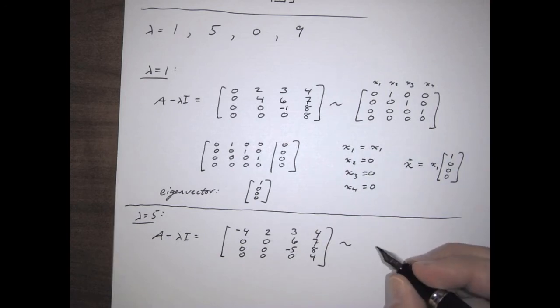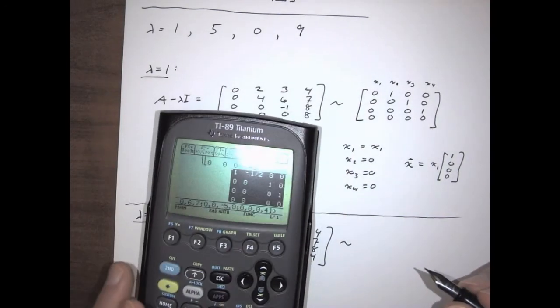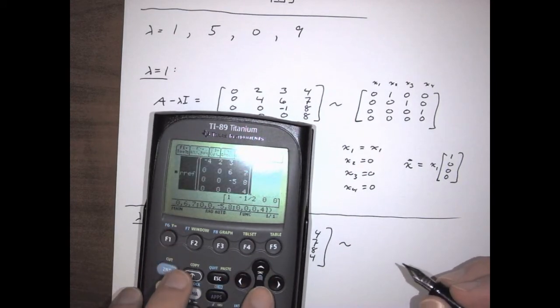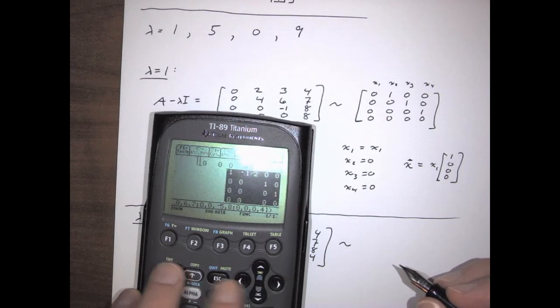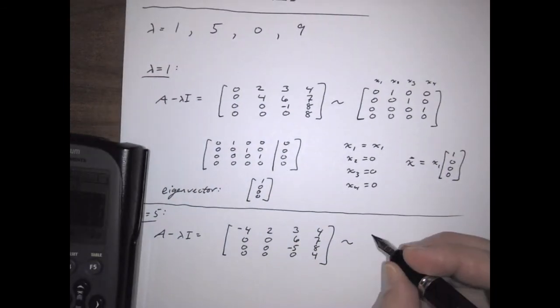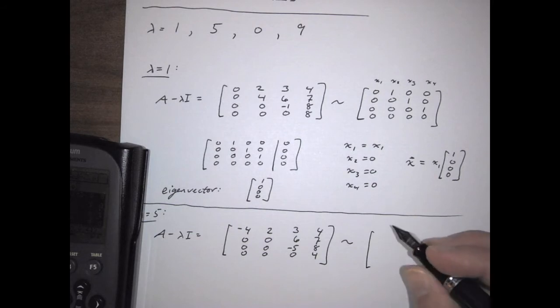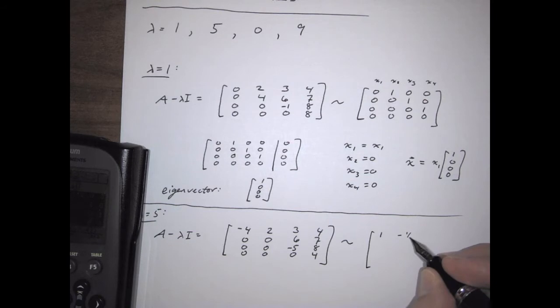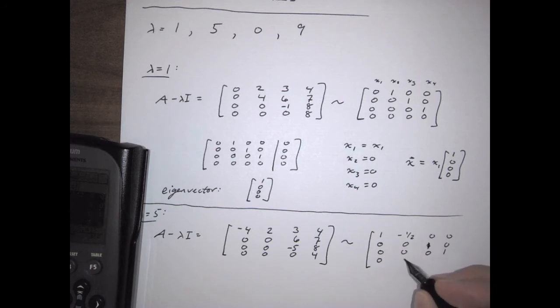But if you don't want to take any flights of fancy, you don't want to take any chances, you can also use technology. So for example, I entered this in, and here's what I got. So you can feel free to make use, copious use even, of technology in some of these. So 1, negative 1/2, 0, 0, 0, 0, 0, 1, 0, 0, 0, 0, 1, 0, 0, 0, 0.